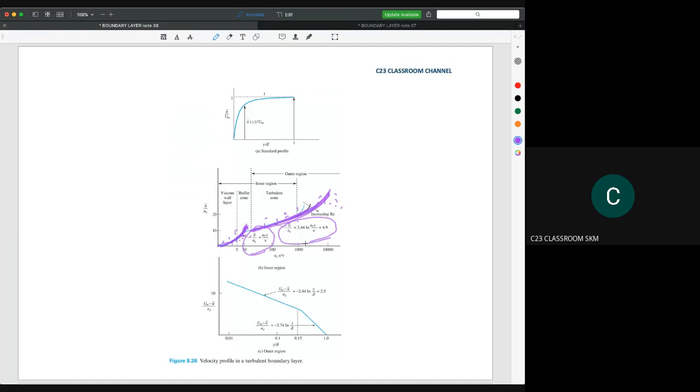So from the graph, there is a lot of data, and you start to draw your fitting, your curve. In some textbooks they will call the best curve fitting the final equation. So this is the work of Blasius and his friend.